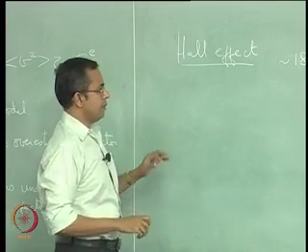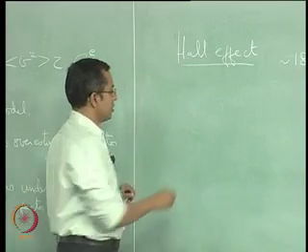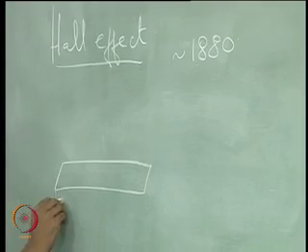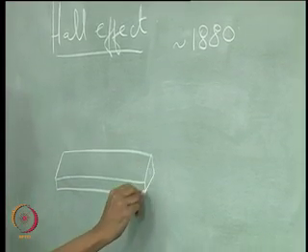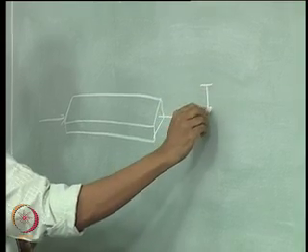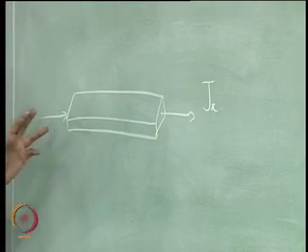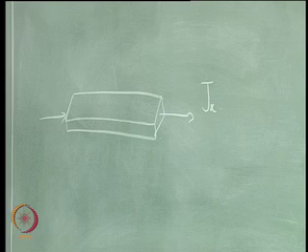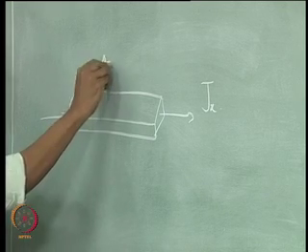The basic idea in this effect was that if you have a conductor that is carrying current, some current density Jx, okay, and perpendicular to it you apply a magnetic field.